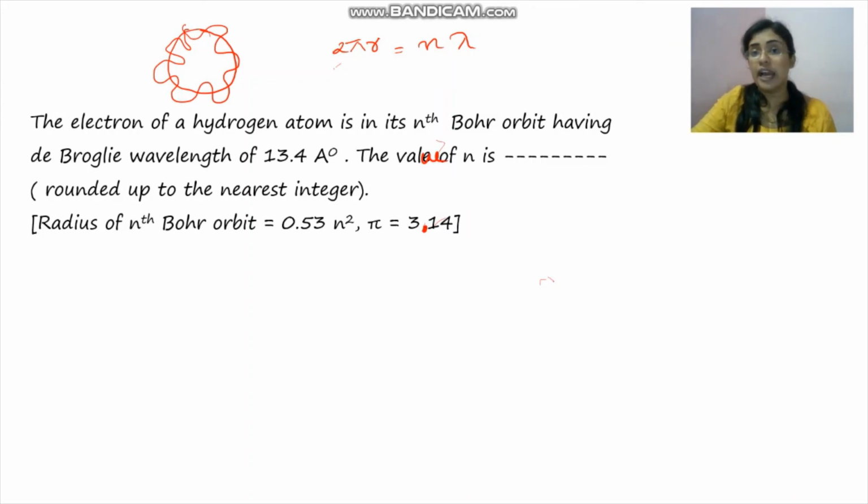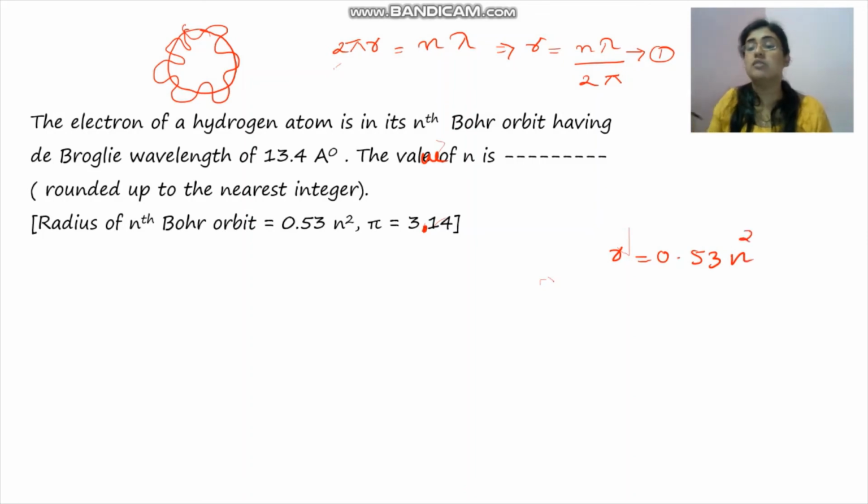From here I can say r equal to n lambda by 2 pi. This is equation number 1 for radius, which I get from de Broglie's concept. The second equation is already given in the question: the radius is 0.53 n square.